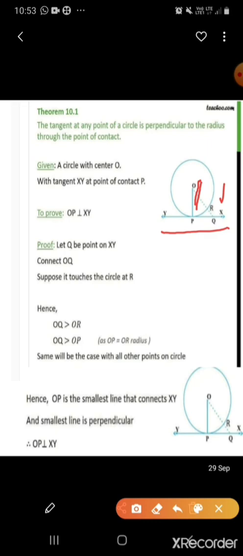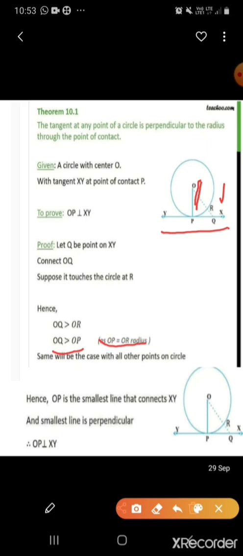OR and OP are radii of the same circle, so both are equal. So instead of OR, if you substitute OP, then what will happen? OQ greater than OP. That means OP is less than OQ.